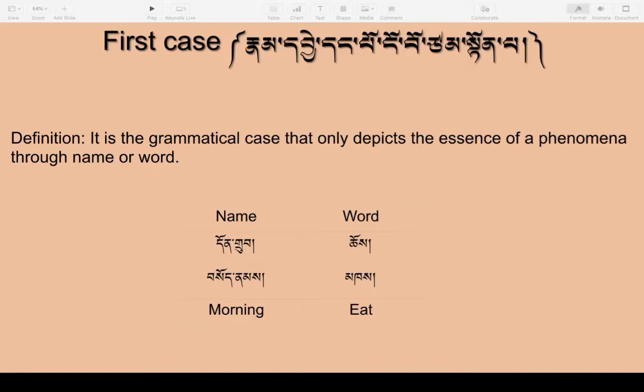It depicts the essence of each of these phenomena either through name, which just represents the phenomenon itself, be it designated or actual, or through description, or through the action. So for example, if we say 这戏, we understand that this very name only represents 特戏.